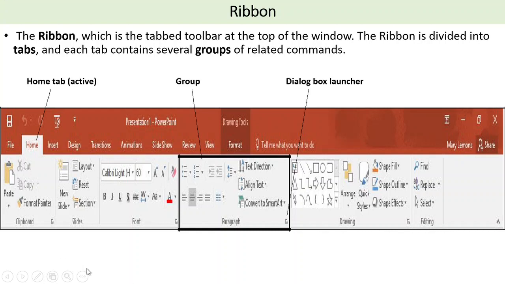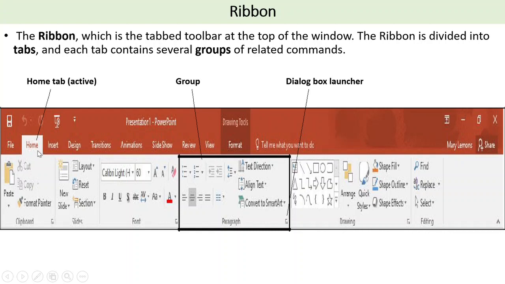Look here at the picture, this is the home tab, this is the insert tab, design tab, transitions, animations, slideshow. We call all of them tabs. So first, the ribbon is divided into tabs. Then each tab contains several groups.